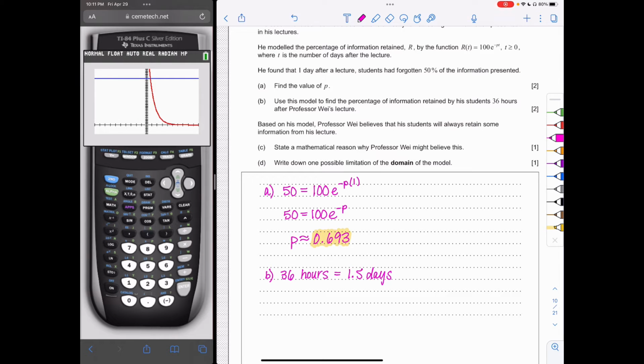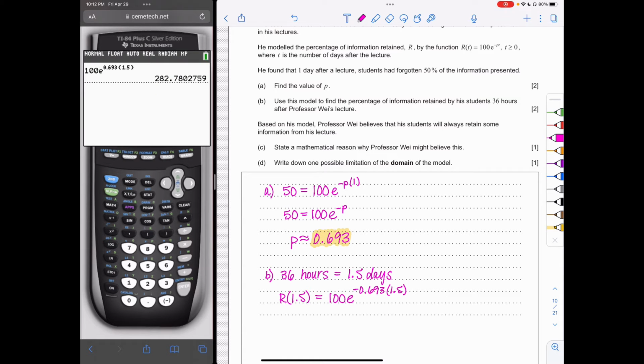So now that we have 1.5 days, we can substitute it in. So we're going to have R of 1.5 equal to 100 times e to the power of negative p, which is negative 0.693 times 1.5.